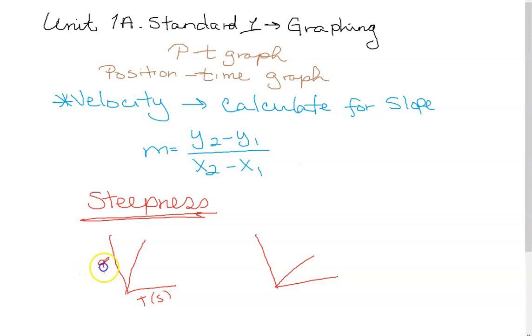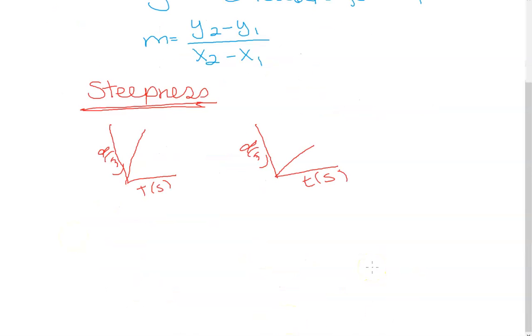And then distance is in meters, and time is always in seconds. I'm sorry, I'm getting a little to the side. That's this tablet. But if you're looking at that, this one's steeper than this one. The steepness is the speed. So steeper means faster.